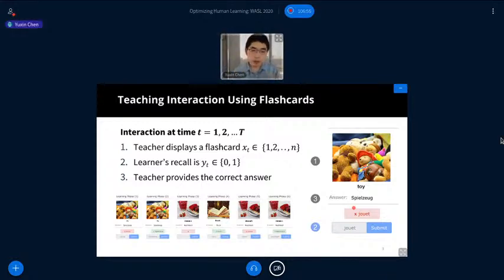Let's denote that by a binary random variable y, the recall, whether the learner gets the answer correct or not. Depending on the feedback, the teacher provides the correct answer and proceeds to the next round. So the goal for teaching here is basically to come up with an optimal teaching sequence such that you can minimize the false prediction rate.